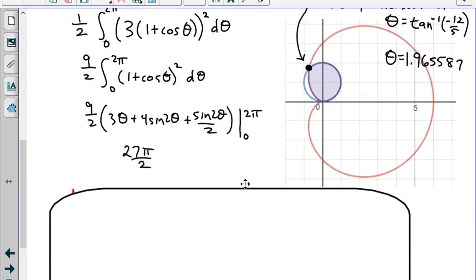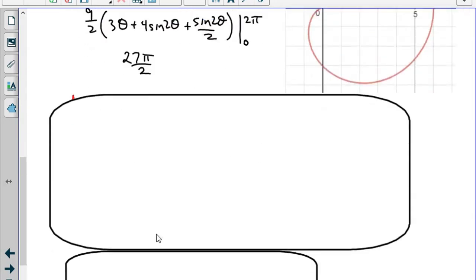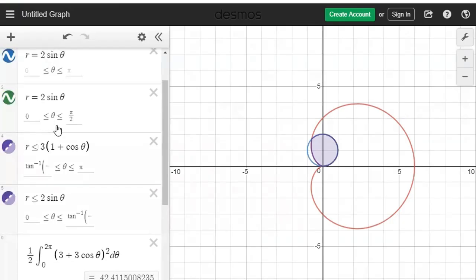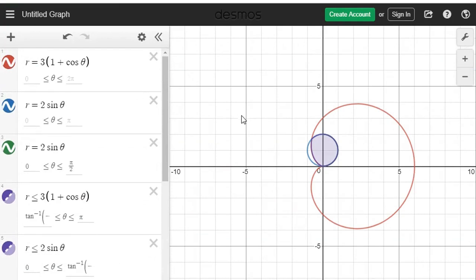Now, I have to figure out what I'm actually subtracting. So let's go here. What I actually have to subtract is the semicircle from 0 to 1.9655, whatever that is.